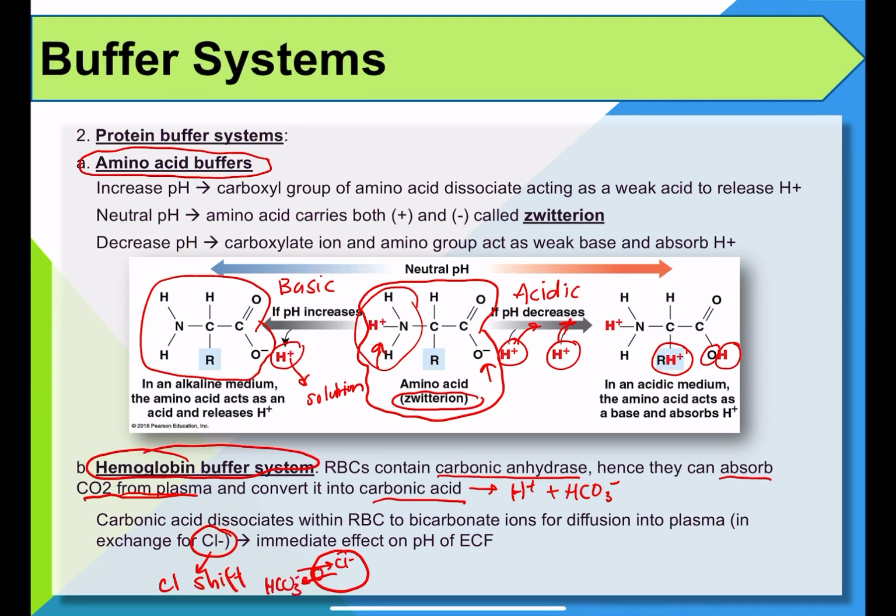So this chloride shift can replenish the amount of bicarbonate ions that's in the plasma, and it can immediately take effect on the pH in the ECF because it's releasing bicarbonate ions into the plasma itself. Okay, so that's how these two buffer systems can help to regulate pH.